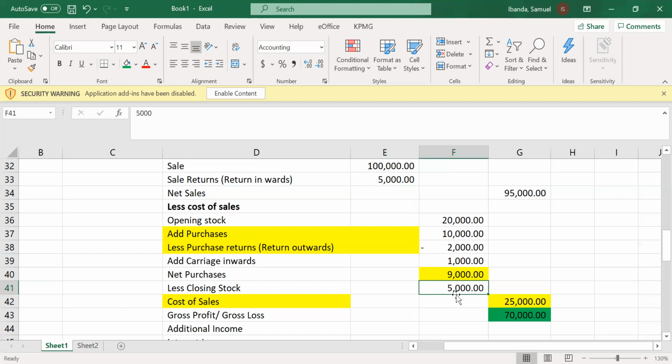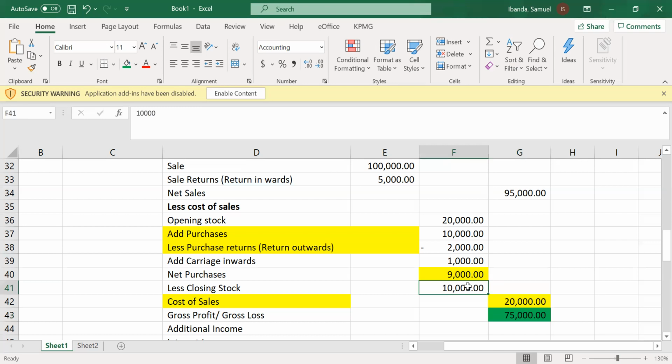For example, right now we have 5,000. When I add just this 5,000 and make it 10,000, you're going to see this increasing. You see, if I make this 10,000, you're going to see how this is going to change. This is going to come to 75. So as your inventory increases, your profit will increase.